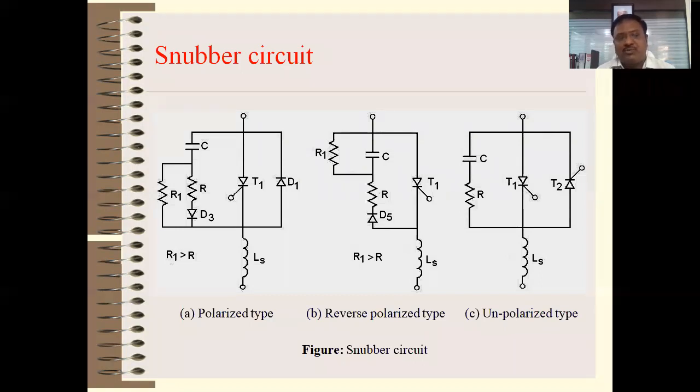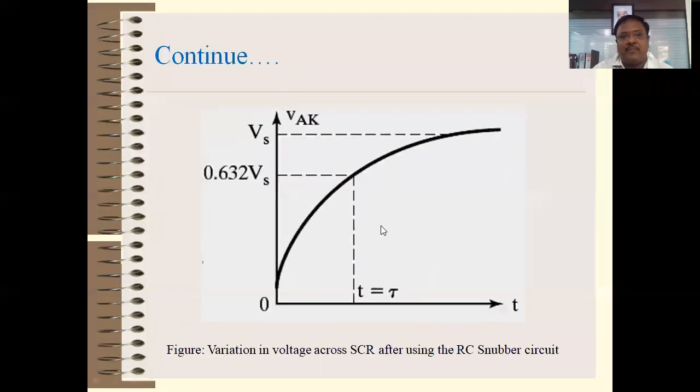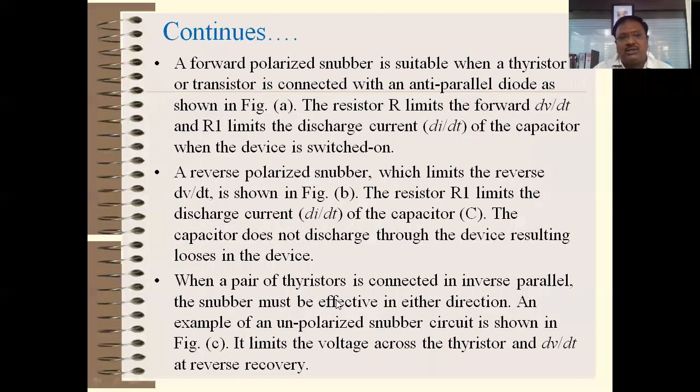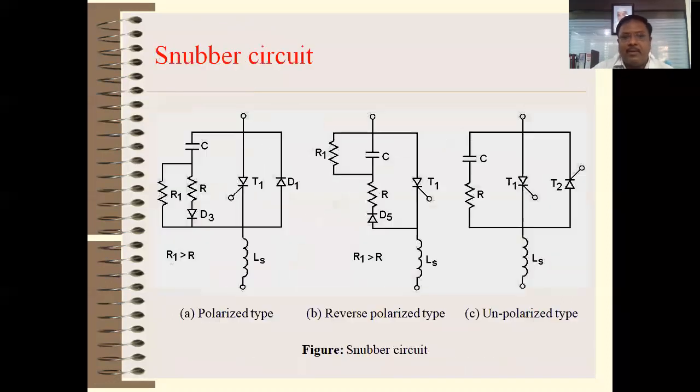Again, the reverse polarized and unpolarized types are working, or maybe see this graph, the characteristics curve is similar for all. Just according to the application, that reverse polarized snubber circuit or the unpolarized type is used.